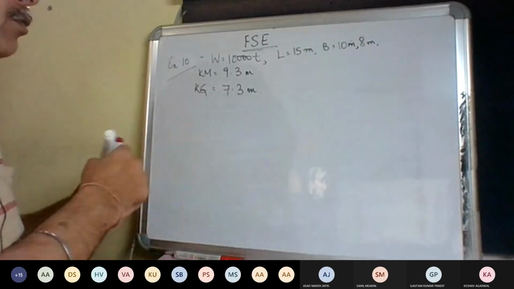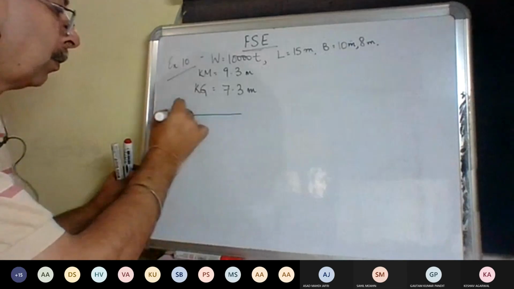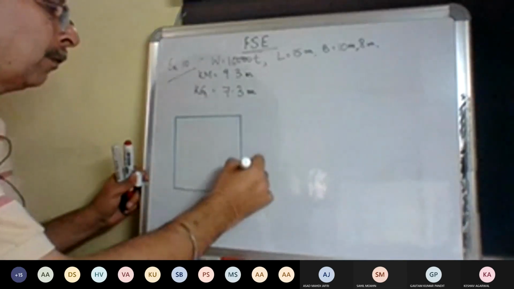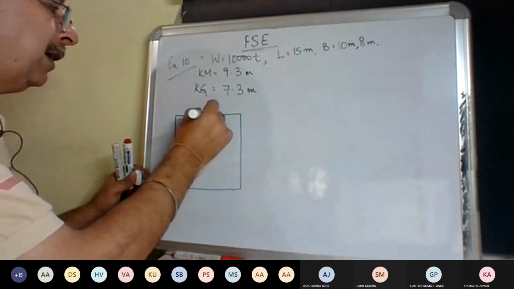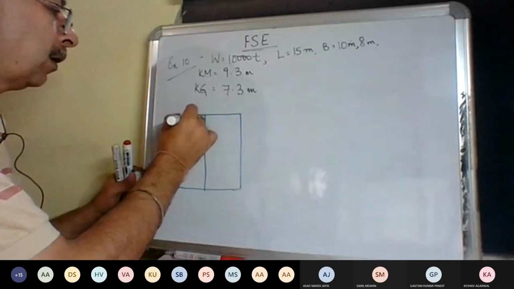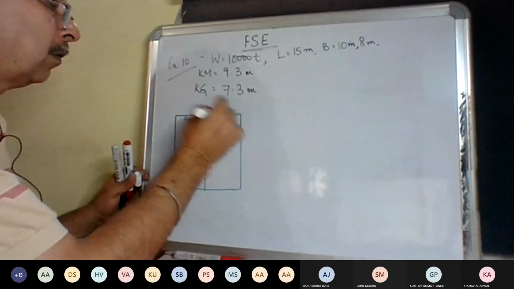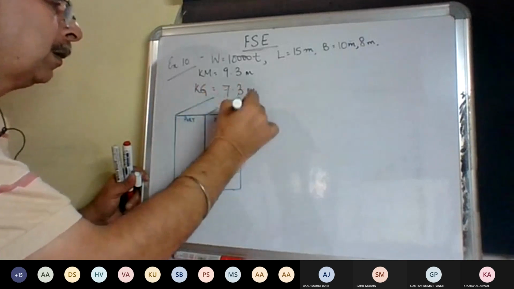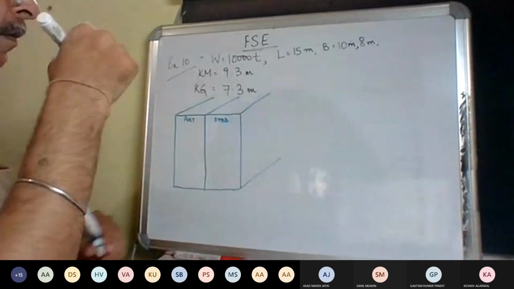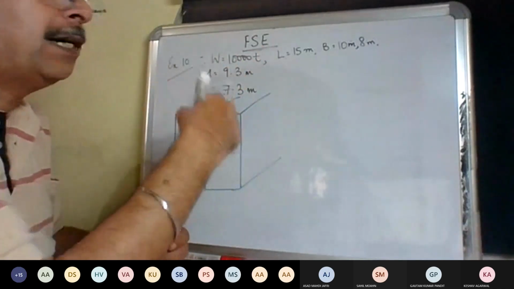Okay. So एक हमारा ये rectangular deep tank है. ये divided है into port and starboard. ये port है, ये starboard है, और ये हमारा ऐसे चल रहा है. ठीक है. लेंथ 15 है, ब्रेड 10 है, हाइट 8 है.